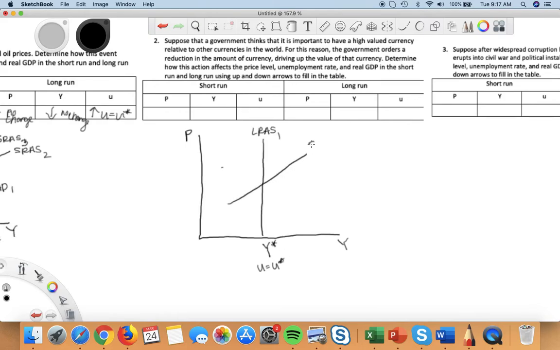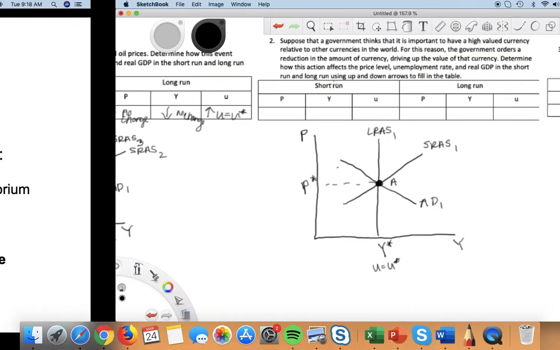This is our short run aggregate supply curve, and this guy here is my aggregate demand curve. We got point A, and we've got our starting price level P star. Okay, so we've got a couple events here. We're reducing the amount of currency and driving up the value of that currency.